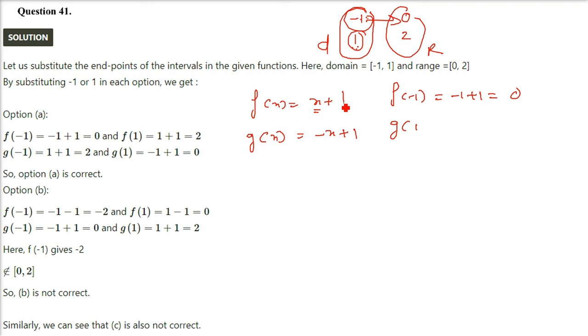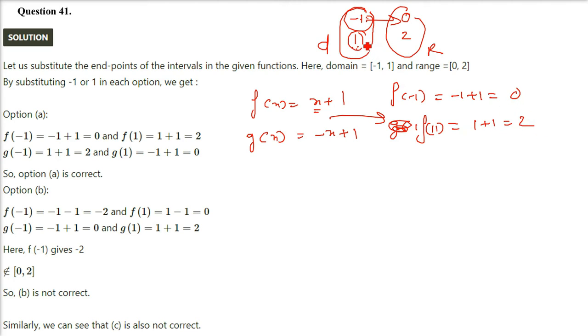This is x plus 1, and we have placed negative 1 here, for which we got 0 as the mapping. Now in f x only, we'll put 1 here. So f of 1 will be 1 plus 1. In place of x, put 1. So 1 plus 1 will be equal to 2. Okay, so this is also mapped.